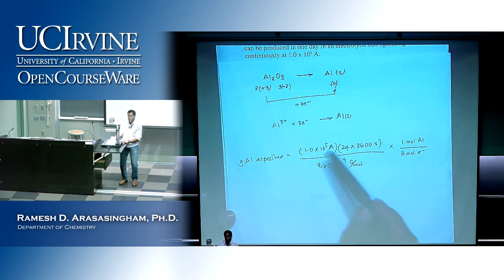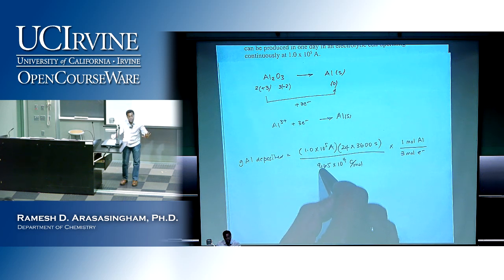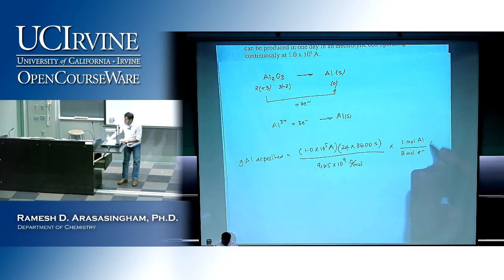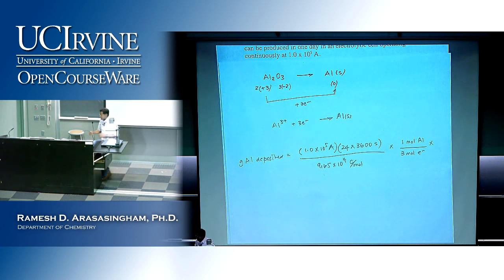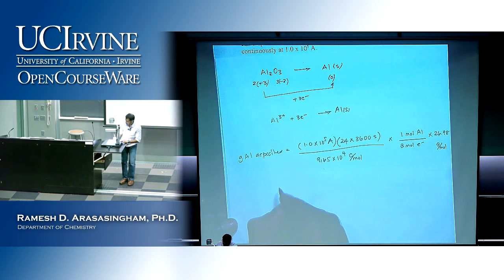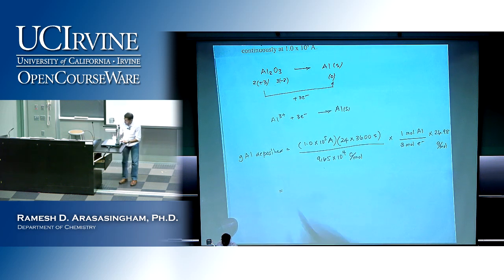The first step was calculating the number of moles of electrons. Now I'm going to multiply by the molar mass of aluminum, which is 26.98 grams per mole. And so what I end up with is 8.05 times 10 to the 5 grams of aluminum.